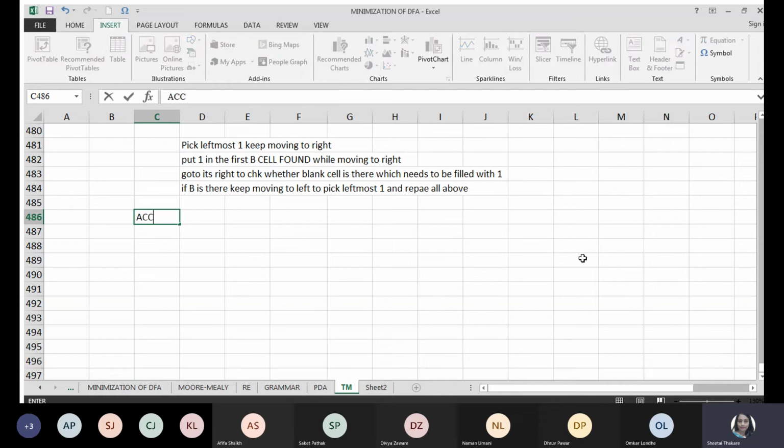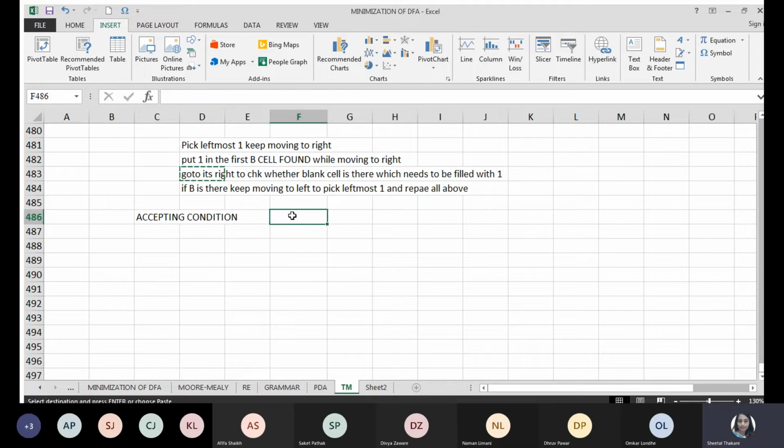Accepting condition, what are you getting? यहाँ पे when you say go to its right to check whether blank cell is there which needs to be filled with 1. So go to its right to check whether blank cell is there.